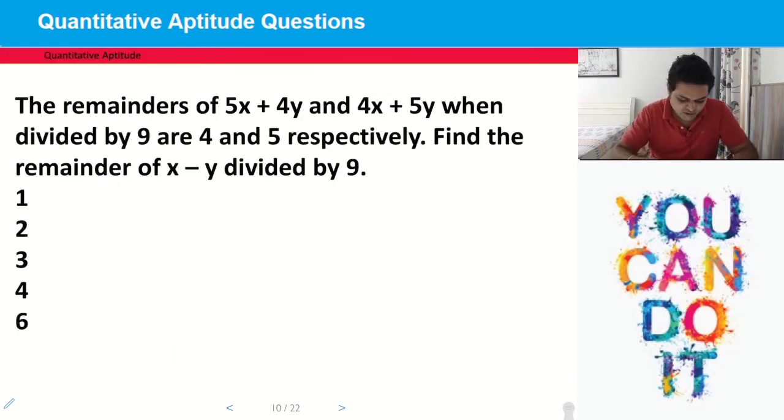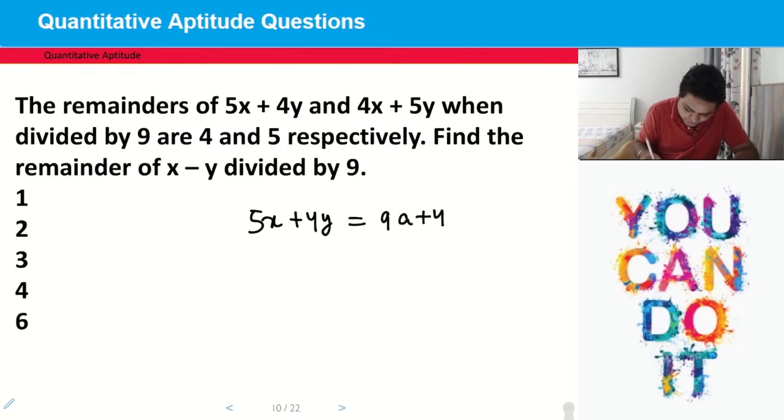So this question says, the remainder of 5x plus 4y and 4x plus 5y when divided by 9 are 4 and 5 respectively. Find the remainder of x minus y divided by 9. So we have 5x plus 4y equals to 9a plus 4. We have 4x plus 5y equals to 9b plus 5.